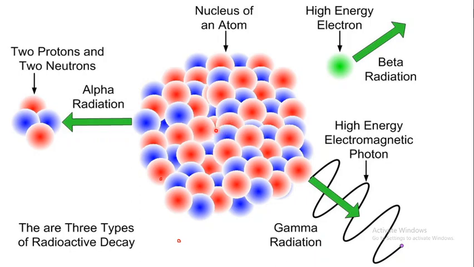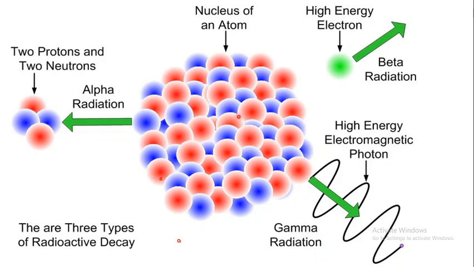This is a nuclide which is unstable. At some time it may disintegrate, it may decay through beta emission, through gamma radiation emission, through alpha radiation emission, or through positron emission. There are different modes of decay process in which our nuclide may disintegrate.